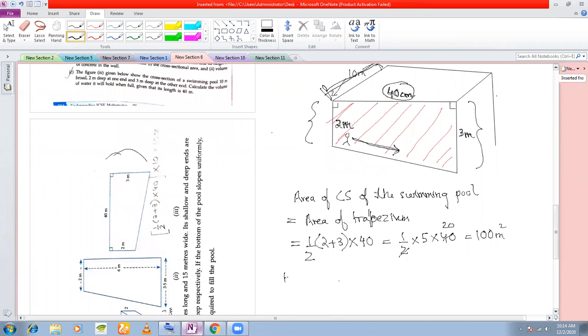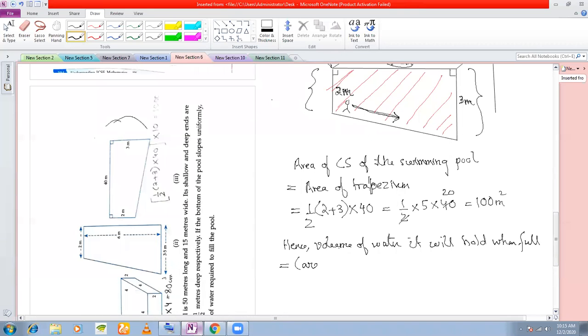Therefore, hence volume of water it will hold when full is equal to area of cross section into length.